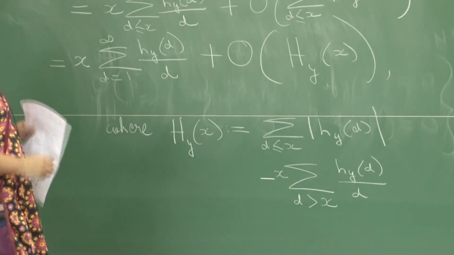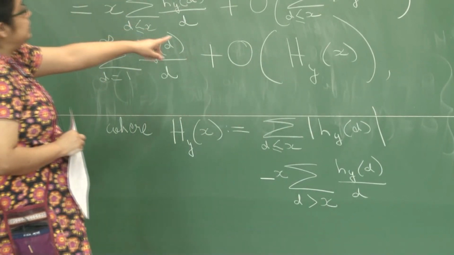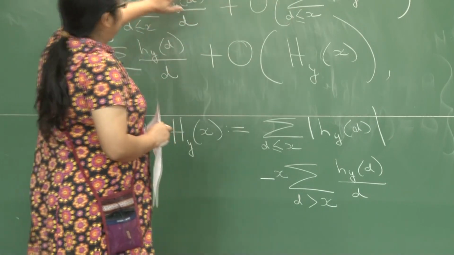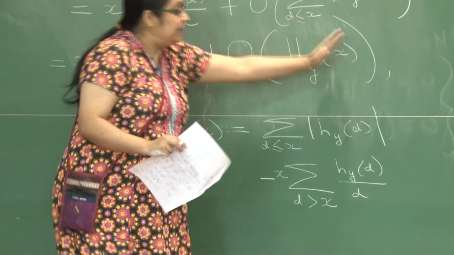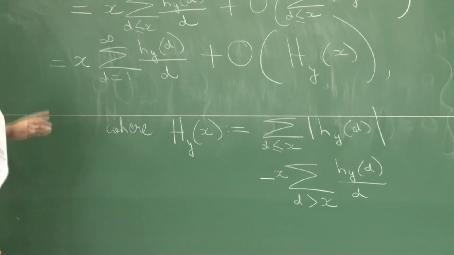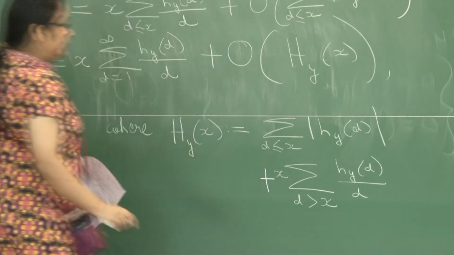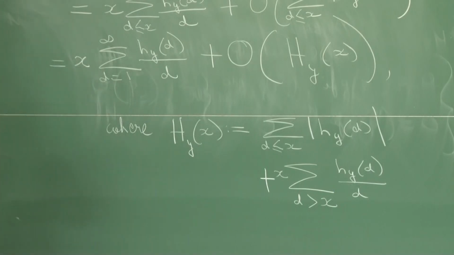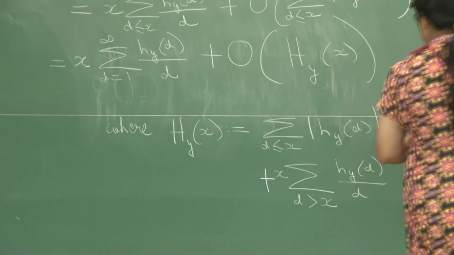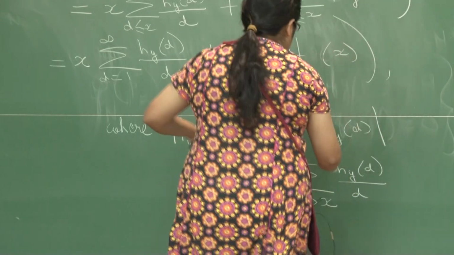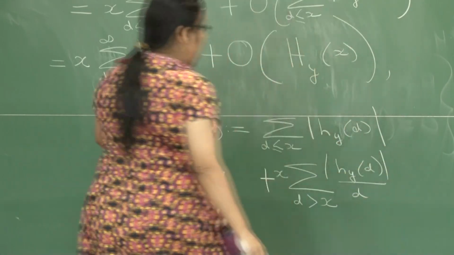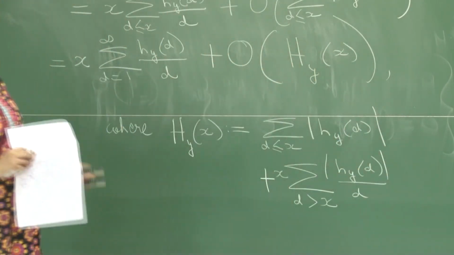And in fact, since we need this to be O, we basically need an error estimate of h sub y of x. What we can do is that we can actually take this to be the sum, and actually we have absolute h sub y of d's here.